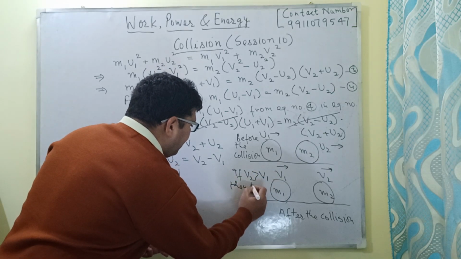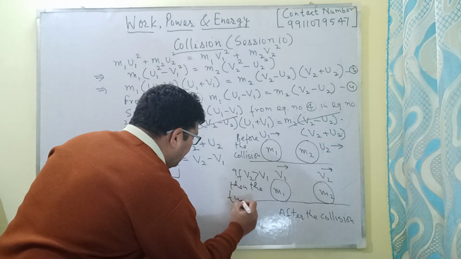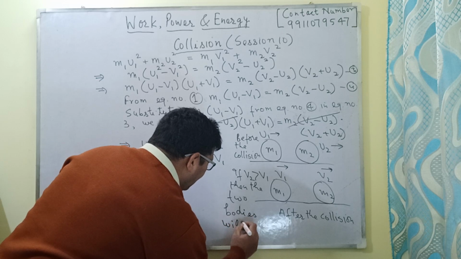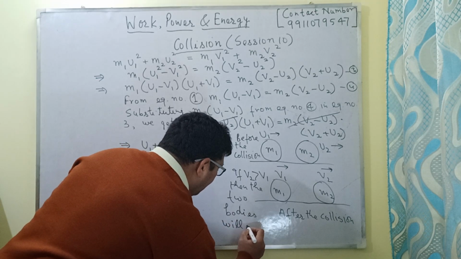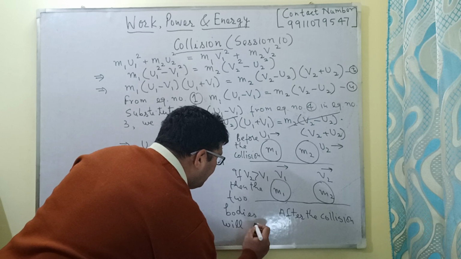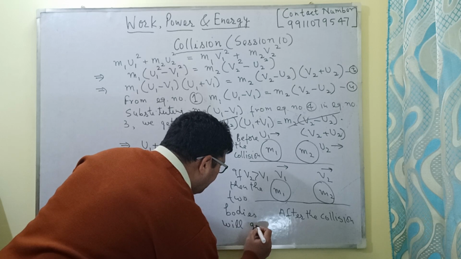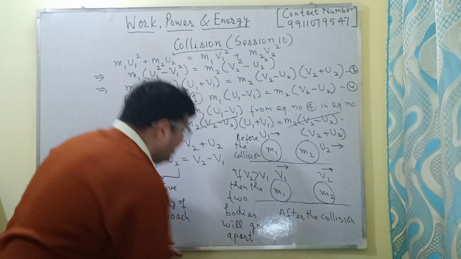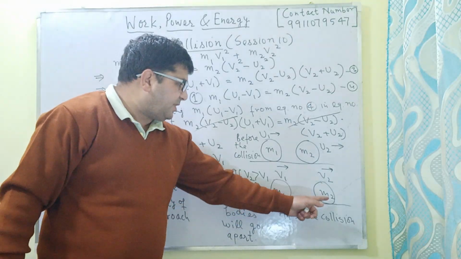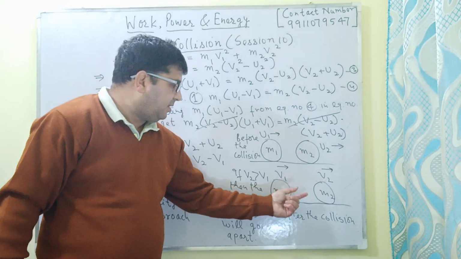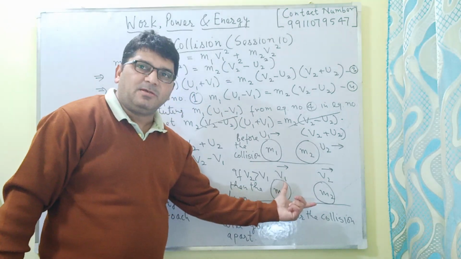Then the two bodies will go apart. That is, if the velocity of m2 is more than the velocity of m1, the separation between these two bodies will keep on increasing.